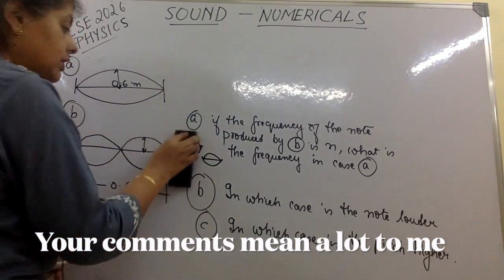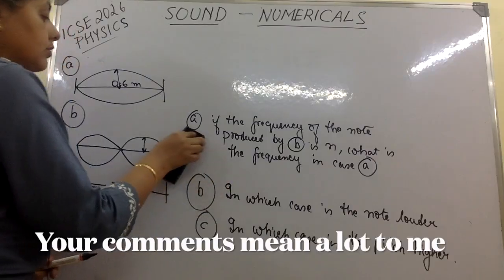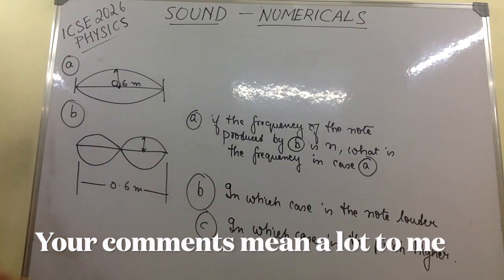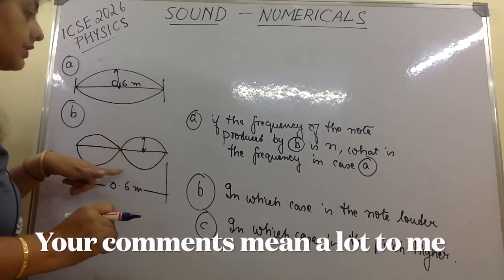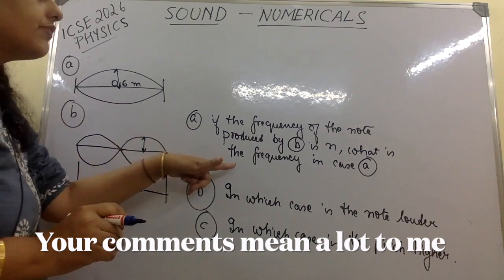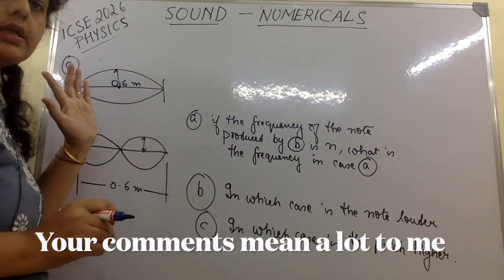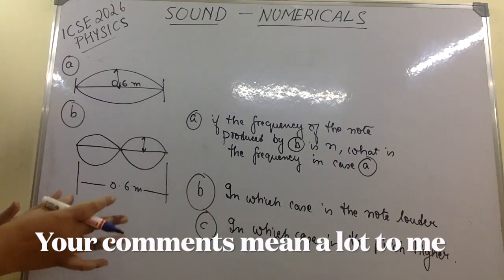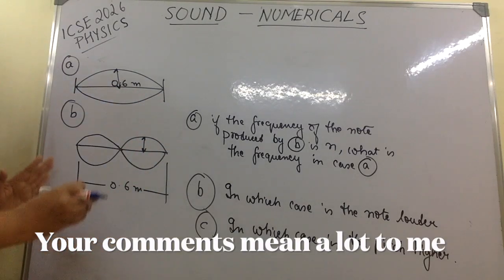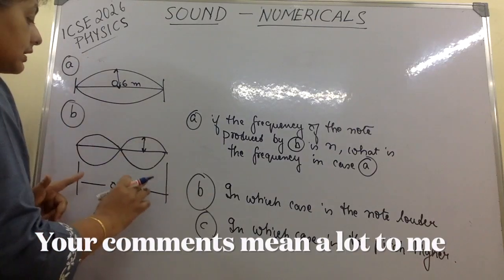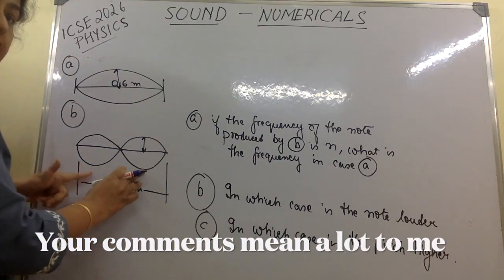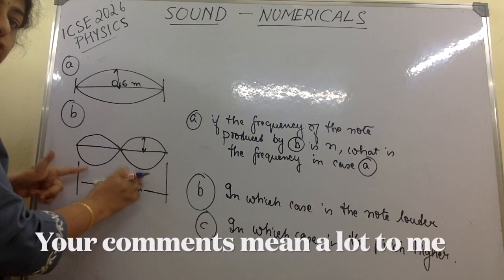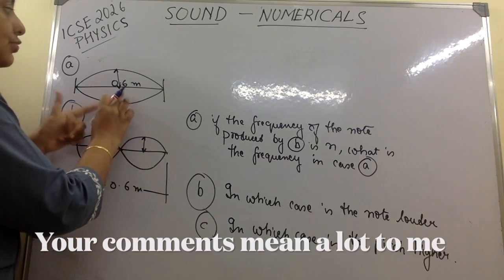Okay, so what we have to do next is we have to find if the frequency of the note produced by B is N, what is the frequency in case of A? Now you see for the length 0.6, both have the same length. It has produced one full wave here, whereas it has produced only half.